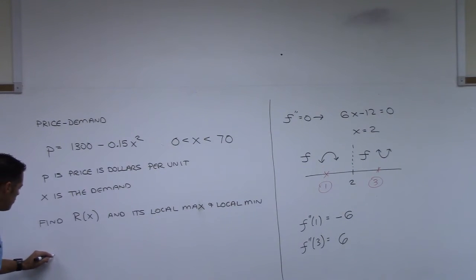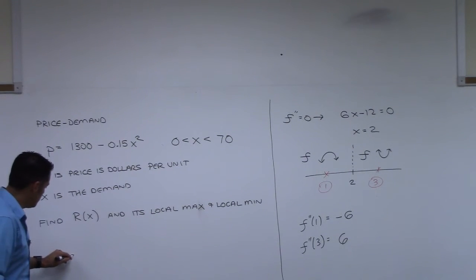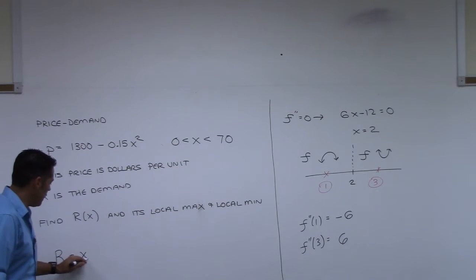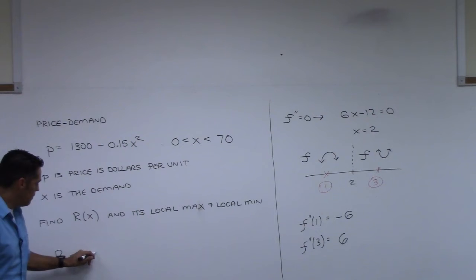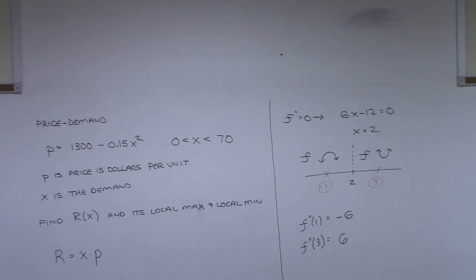So what is the revenue by definition? It's the amount of money coming in from sales. And that's going to be the number of units that we sell times the price per unit. So this is equal to the number of units that we sell, which is x, that's the demand, how many people want our product, times the price that we set for each one.